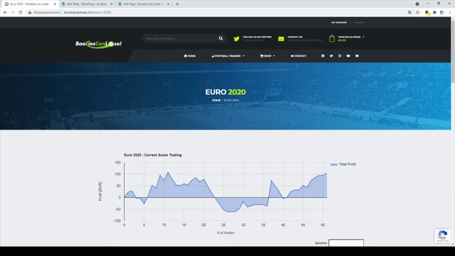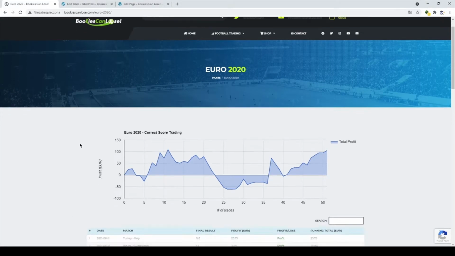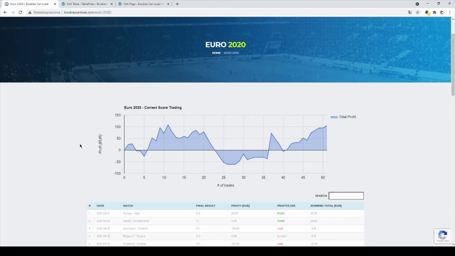As you can see, this challenge wasn't in any way easy, because I decided to trade every single Euro 2020 match. This is like a handicap, because in general you don't want to trade every single match. Match selection is, I think, key to every trading strategy.